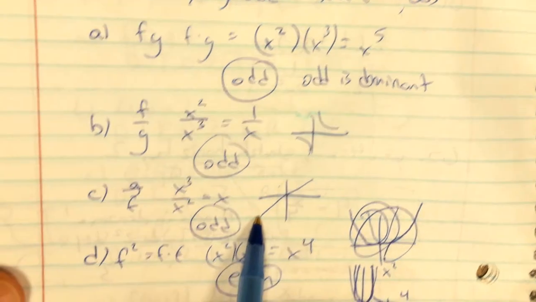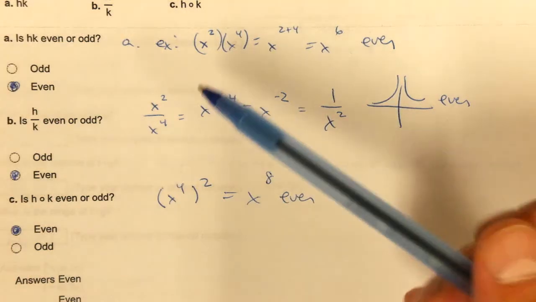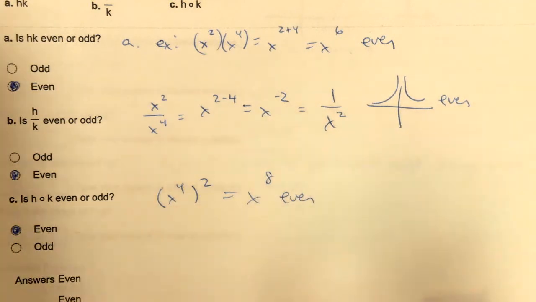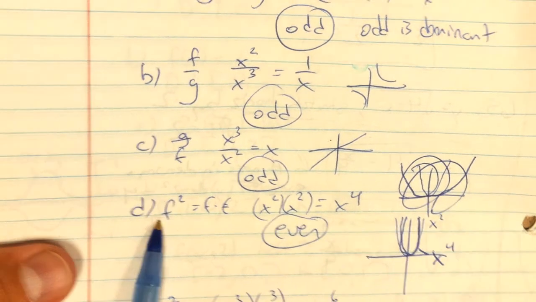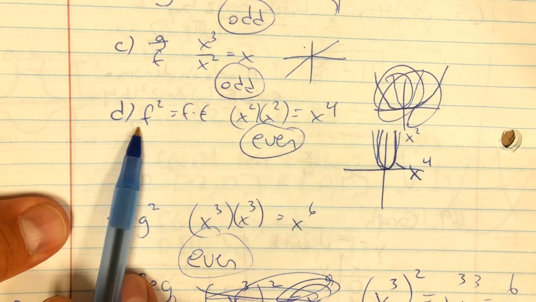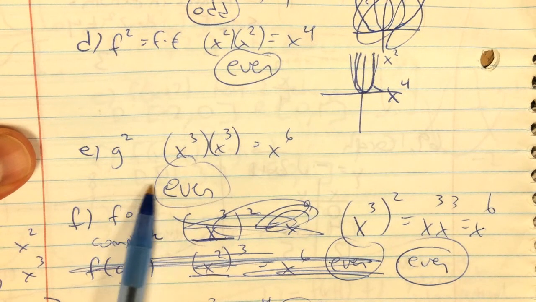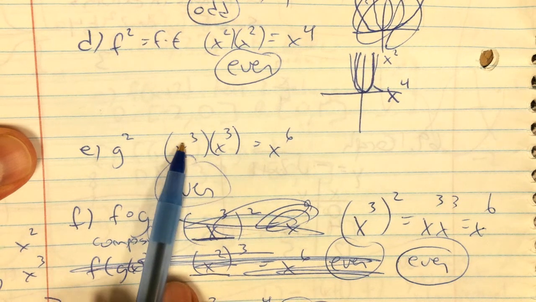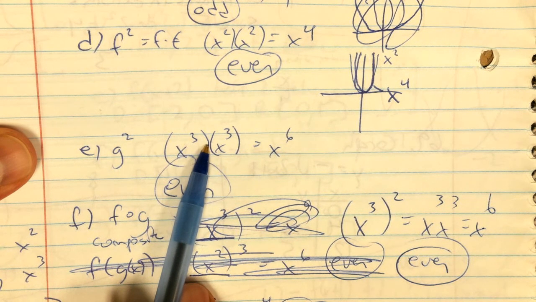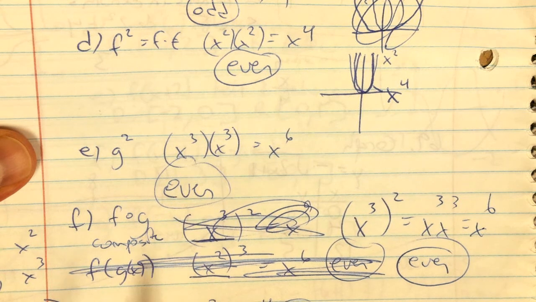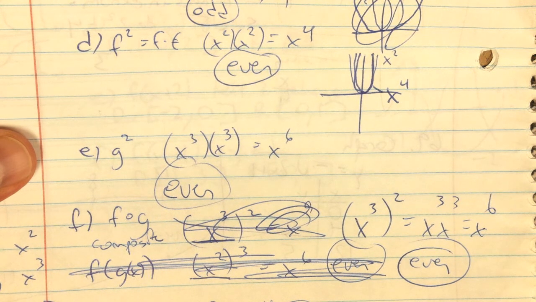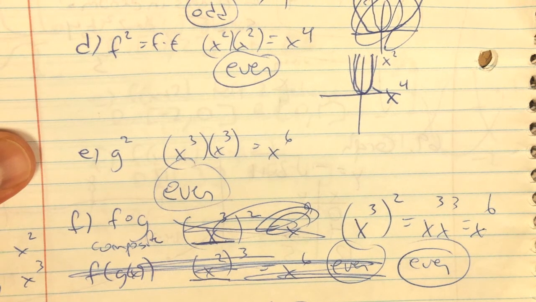And see, all y'all had is 3 parts. But on this one, they had you do f squared, which was actually even. G squared, so odd. I didn't do that right. Dang it.